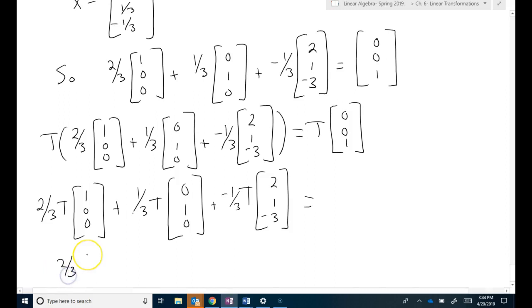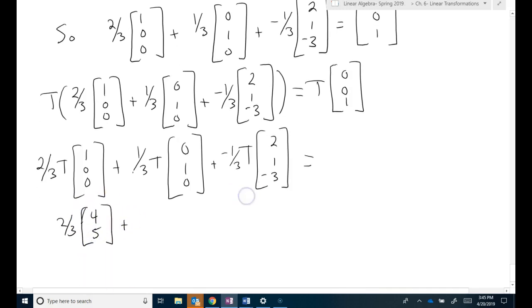2/3 times (4, 5) plus 1/3 times (-1, 1) plus -1/3 times (7, -1). And you might ask yourself, where did you get those vectors from?